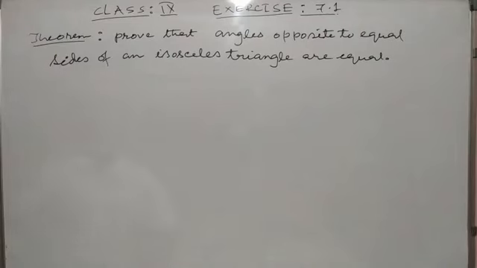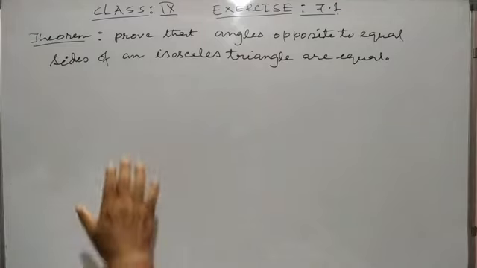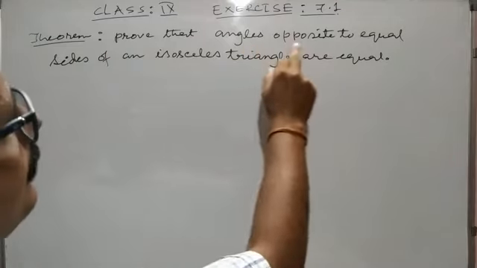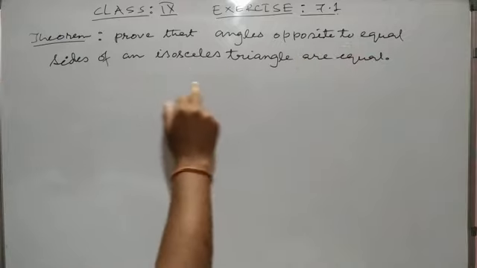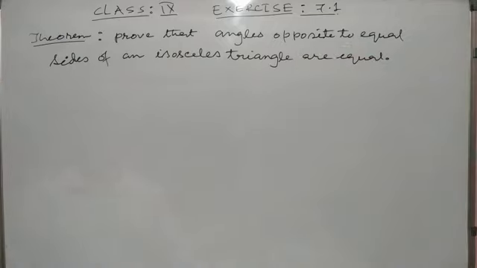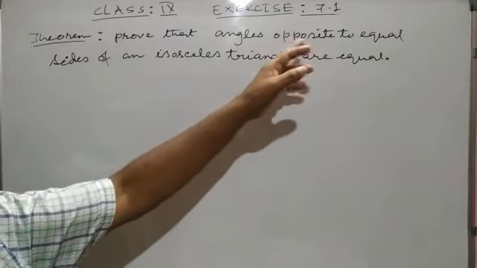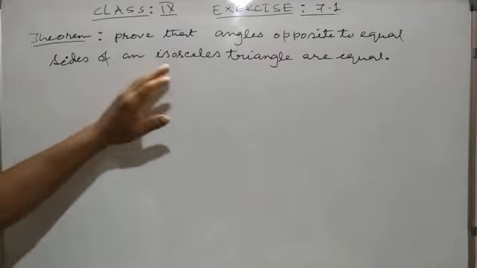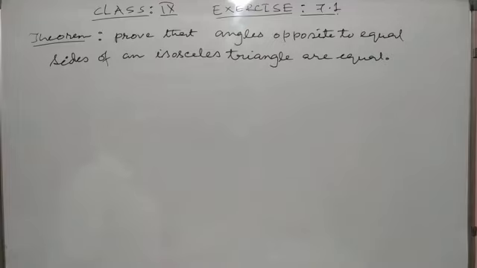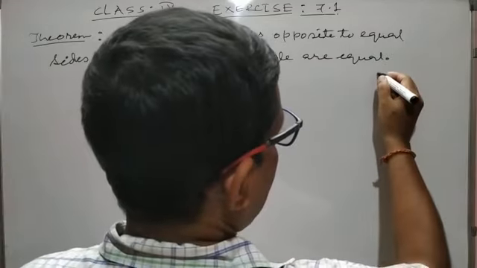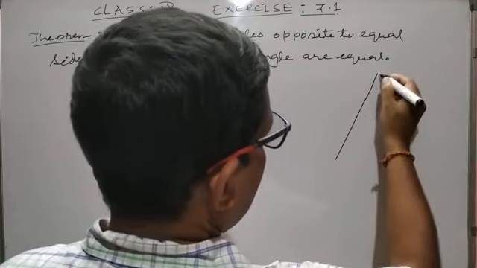Okay, now see this important theorem. In this theorem, prove that angles opposite to equal sides of an isosceles triangle are equal.